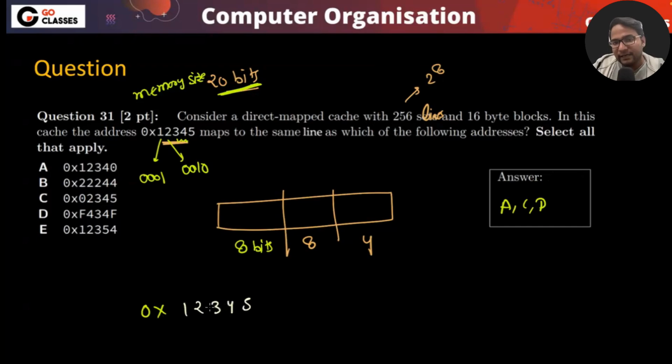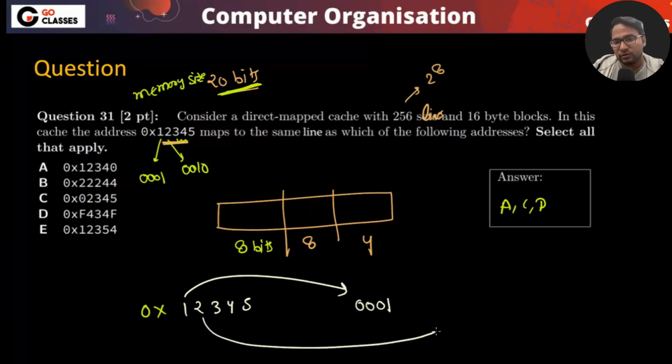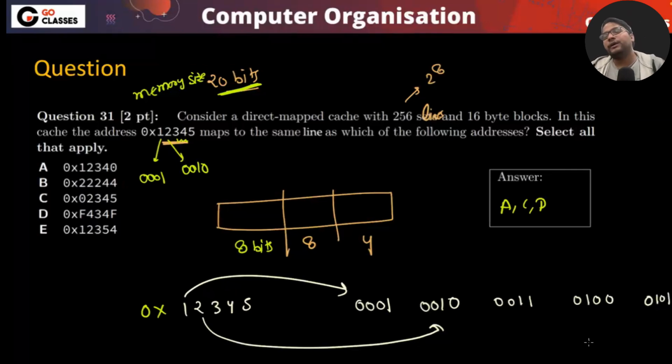It means in binary, the address will look like this: if it is hexadecimal, you convert this 1 into 4 bits. You convert this also into 4 bits. You convert this 3 also, the 4 also, and 5 also, right? So this is in binary. But instead of writing that much and getting confused, they've written it in the short form, which is hexadecimal.